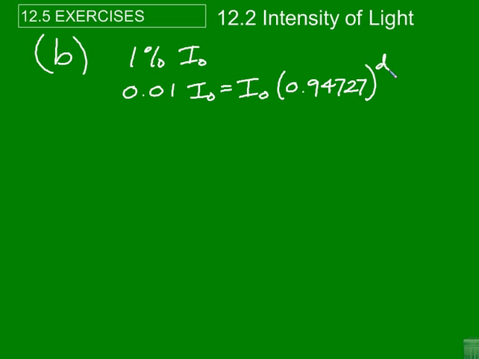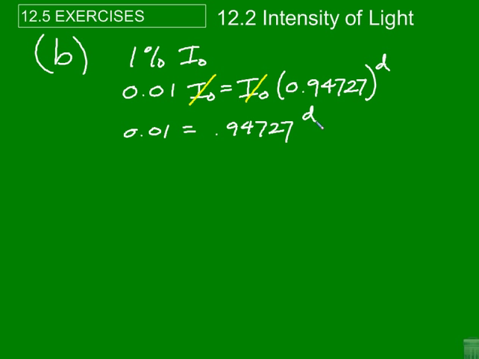Now I can cancel some things out here. The I0s are going to cancel, and that's just going to leave me with 0.01 equals 0.94727 to the d.